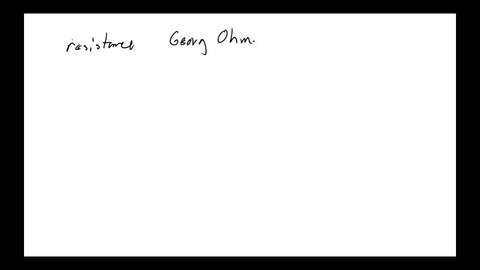Georg Ohm studied resistance. And he found there's a relationship between the amount of voltage you supply and the amount of current that is produced. It's a direct relationship, a proportion, and if you add the proportionality constant, that gives you the resistance.